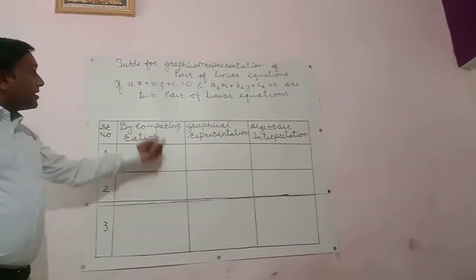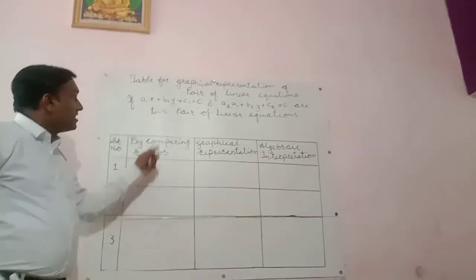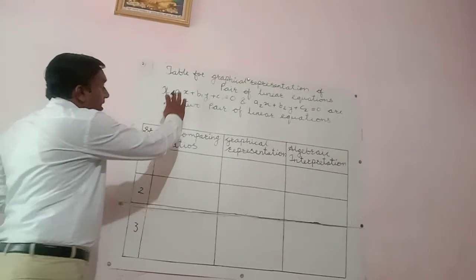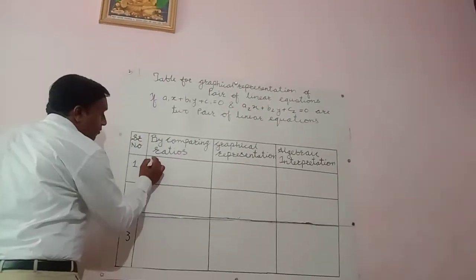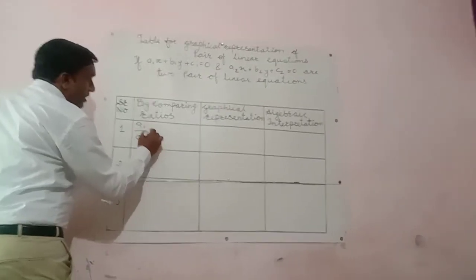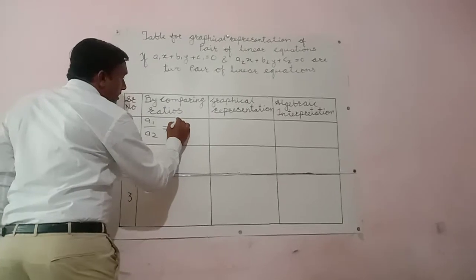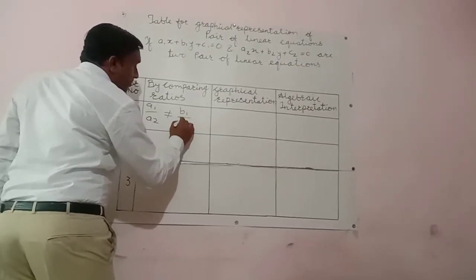So, by comparing, the first condition: suppose a1 upon a2 is not equal to b1 upon b2.